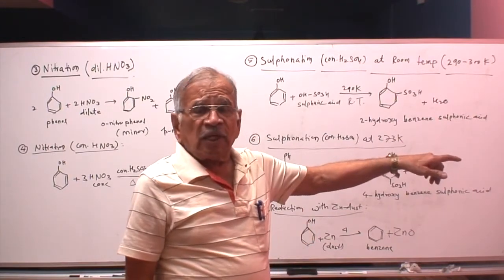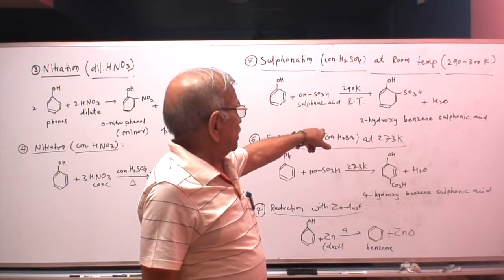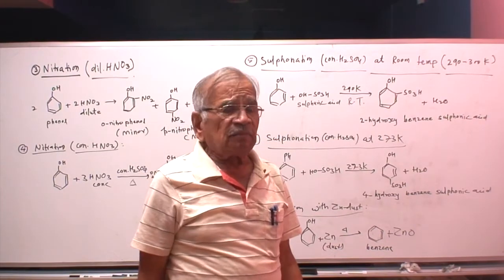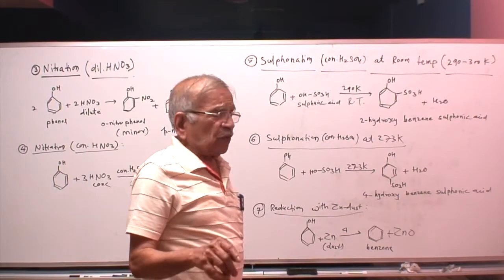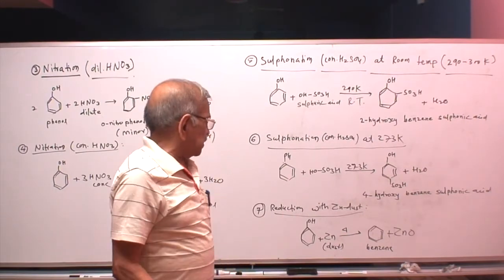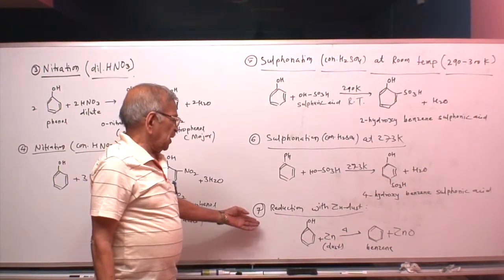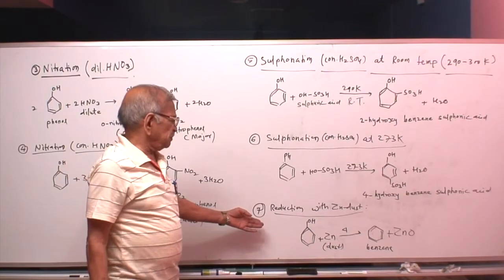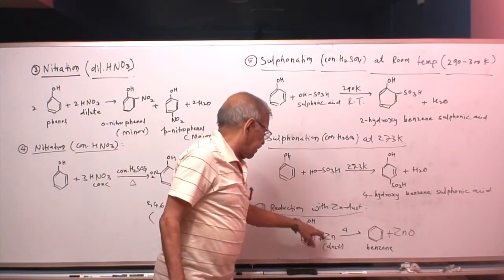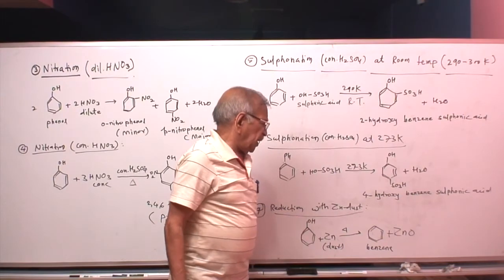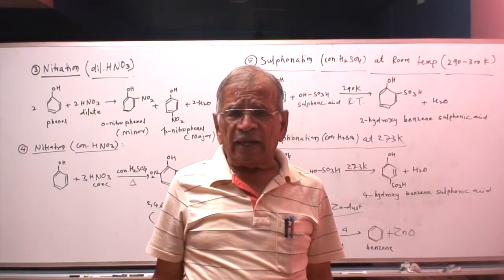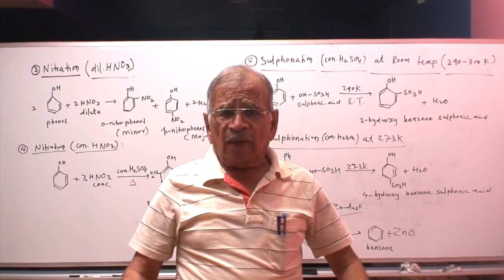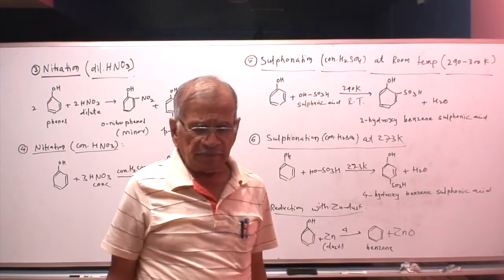At room temperature, we get the ortho derivative, that is 2-hydroxy benzene sulfonic acid, while at 273 K, we get 4-hydroxy benzene sulfonic acid. One more very simple reaction. Reduction with zinc dust, ZnO goes away, H is attached to the carbon of the benzene ring, and on reduction we get benzene.